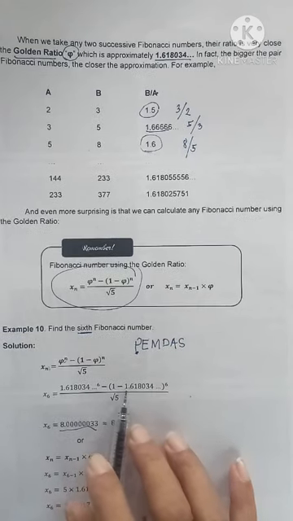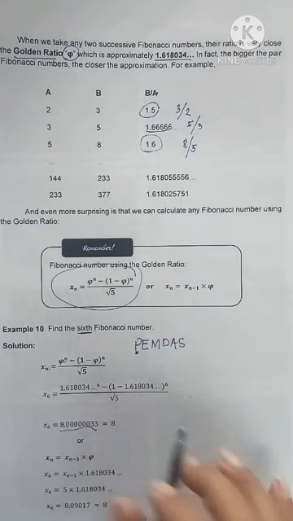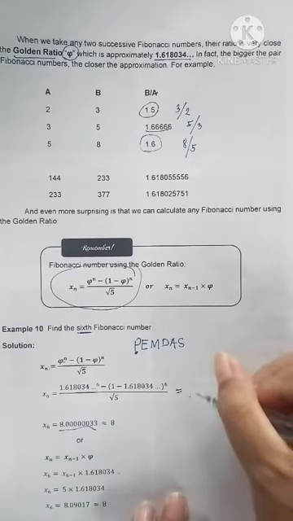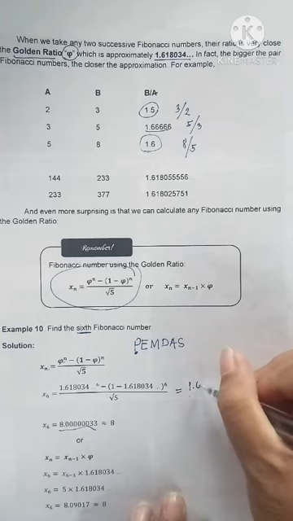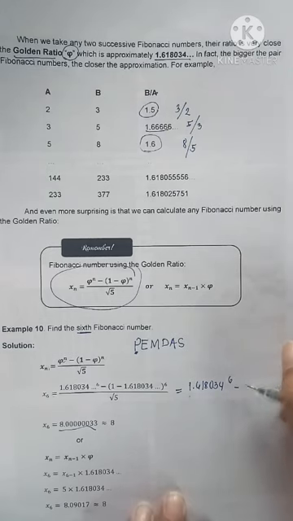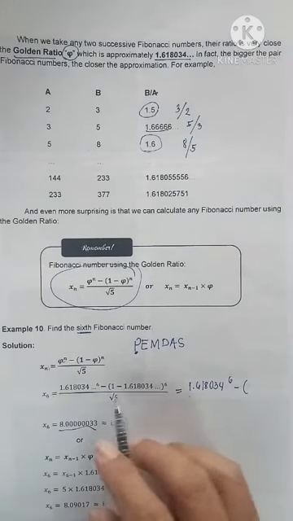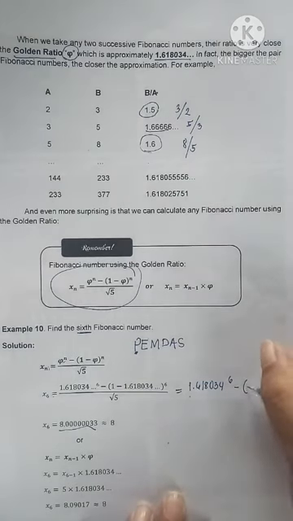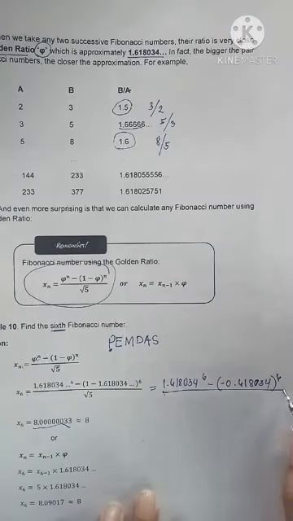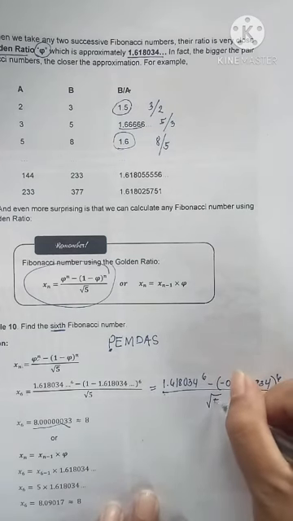So we have 1 minus 1.618034, and that will be the answer. Let's just copy first: 1.618034 raised to 6 minus, again, the answer here will be negative 0.618034 raised to 6, divided by the square root of 5.